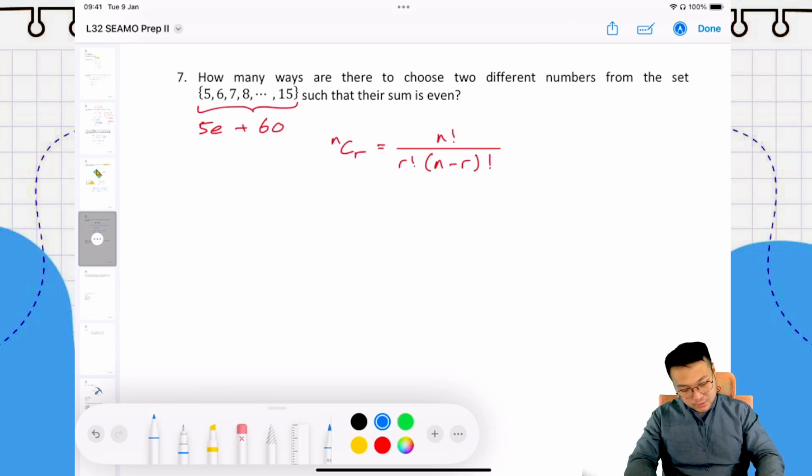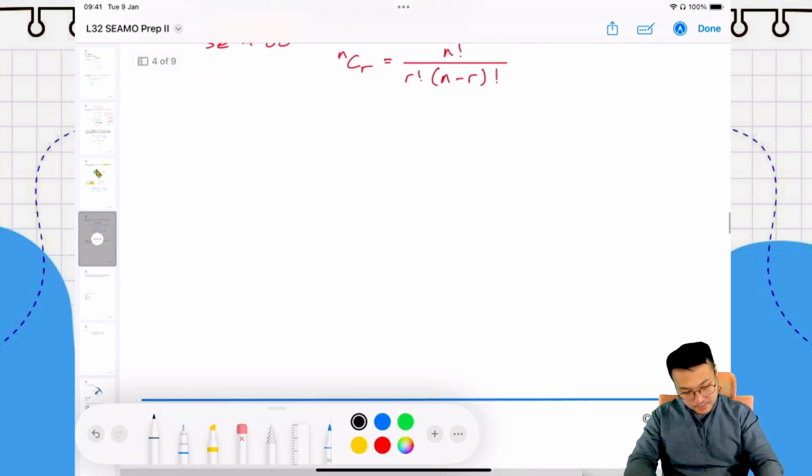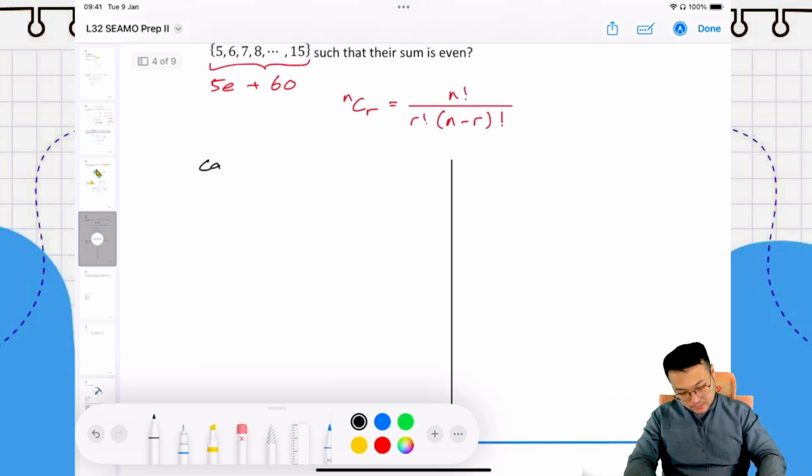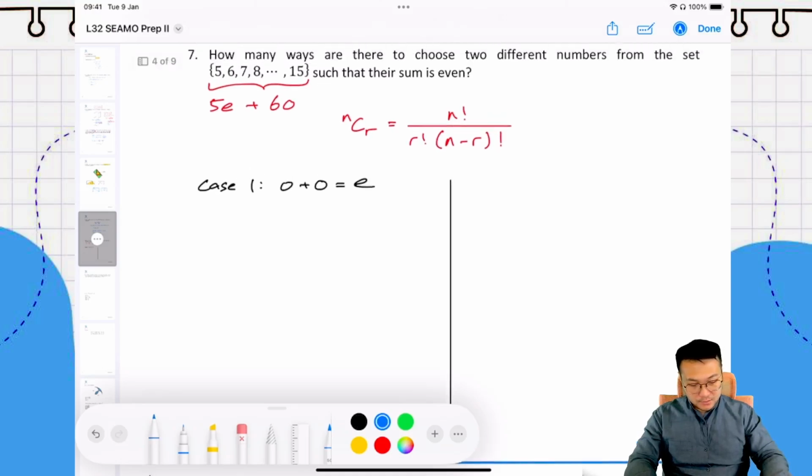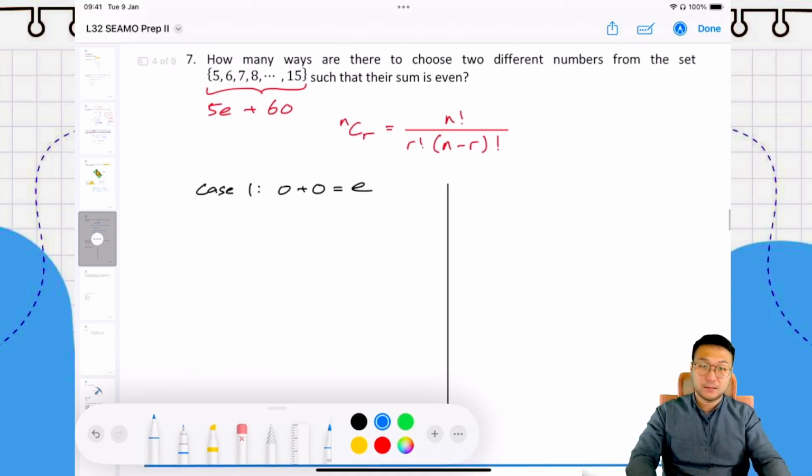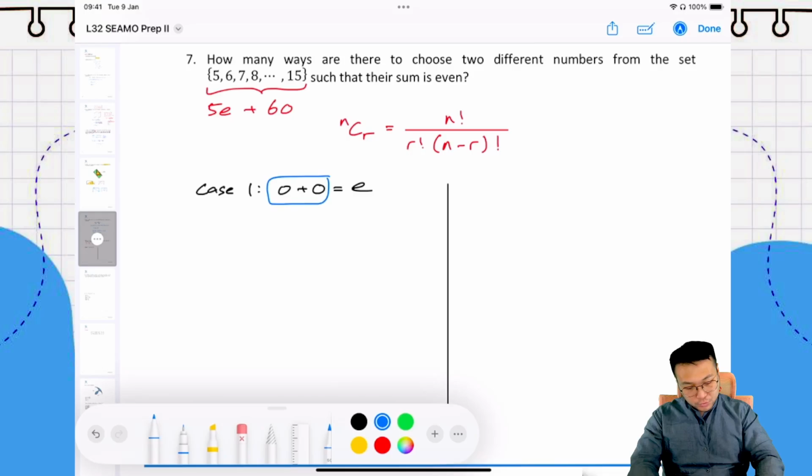So let's do case by case, alright? Scenario number 1. We are going to add odd plus odd equals even. So how many numbers are you supposed to select? 2. 2 numbers out of how many odd numbers? 6. Good. So you're selecting 2 odd numbers out of 6 odd numbers. Out of 6, choose 2.